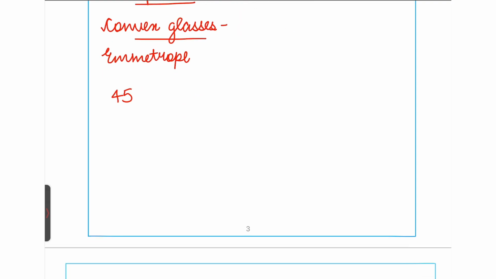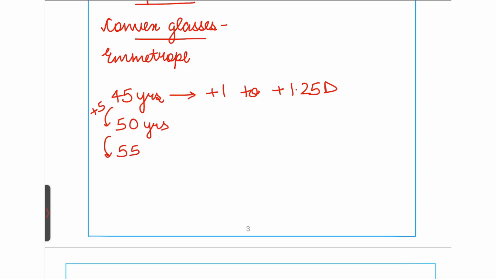If the age is 45 years, the power required to correct is +1 to +1.25 diopters. This is the only value which we have to remember. After that, we have to keep adding 5 years, that is 50, then 55 and 60. And here we have to keep adding 0.5 diopters.